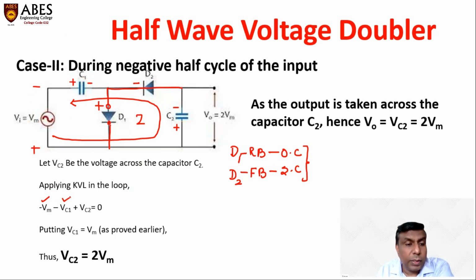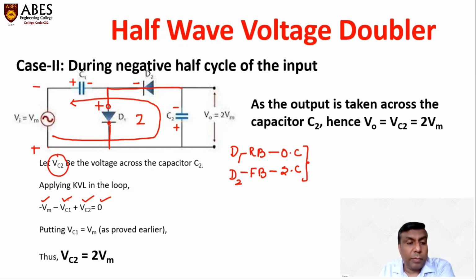At capacitor C2, we are moving from minus to plus, so I will take the sign as plus, and the voltage across C2 is Vc2, because we have assumed the voltage across capacitor C2 is Vc2. The loop closes here, and the sum is equal to 0.